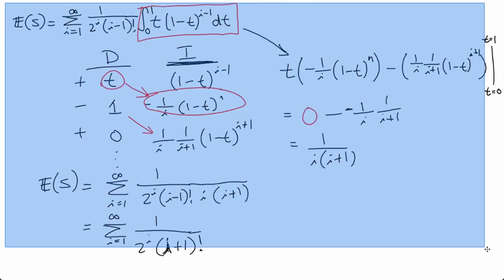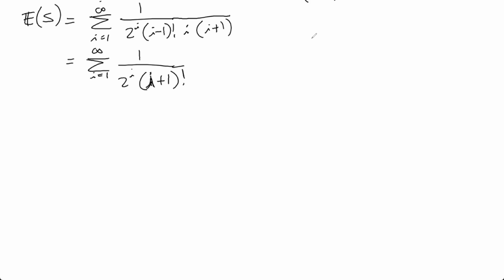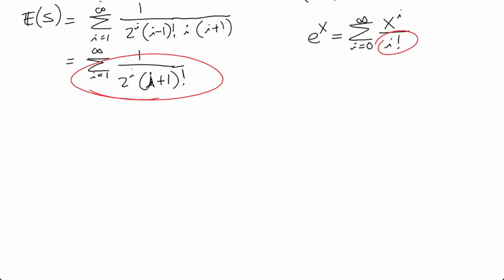And from here, it helps to know something about power series. Here's the power series for e to the x. Notice how it has this i factorial in the denominator, and our sum has something similar. If I simply rename i, it would also have an i factorial in the denominator. I'm going to go ahead and make this renaming.